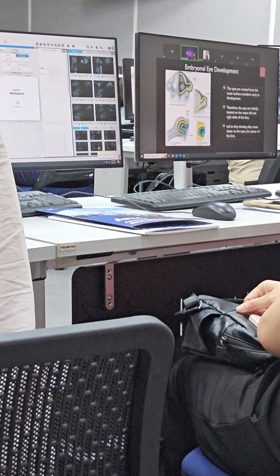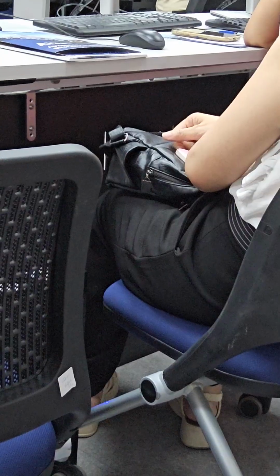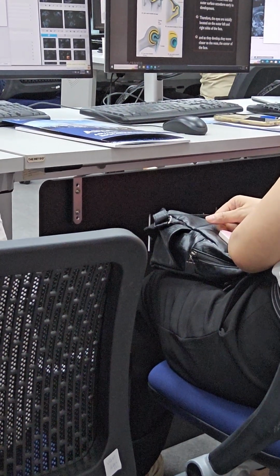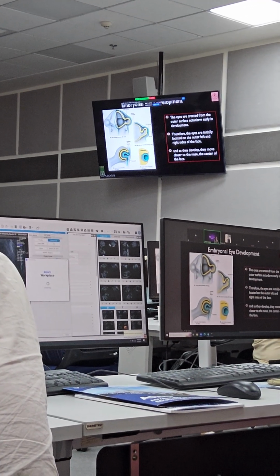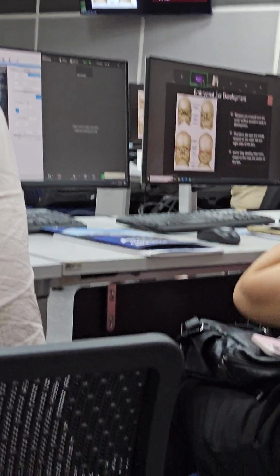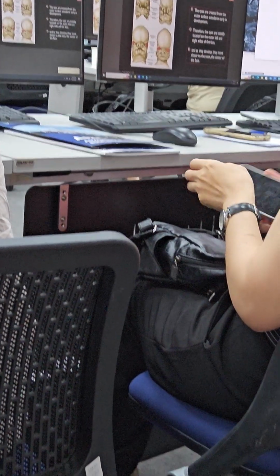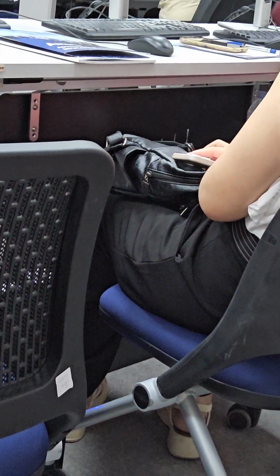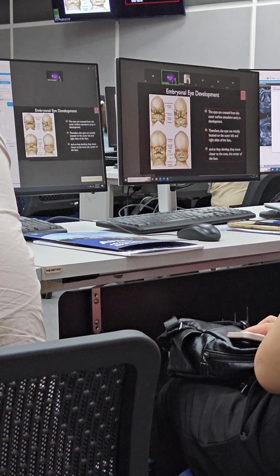Usually in embryonal eye development, as I told you, the bilateral eyes are created on the sides of the face, and then they approach each other. However, here you can see this is the first stage. The eye is here, right? They're very far away from each other, and they approach like this, and finally reach this location.